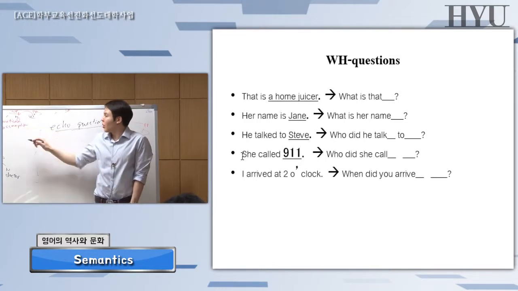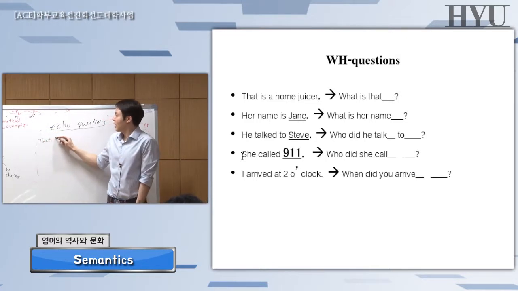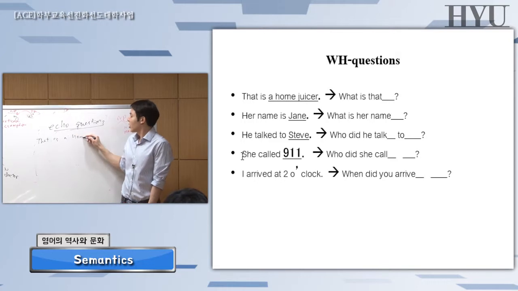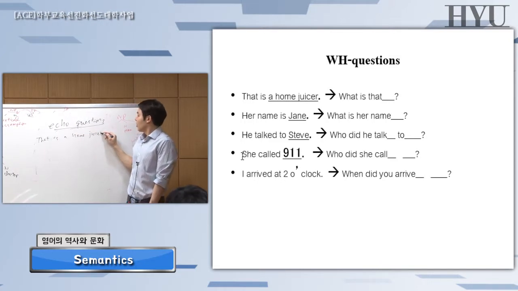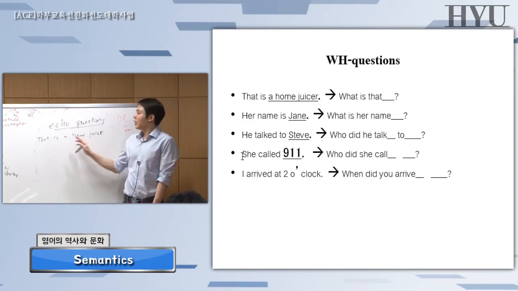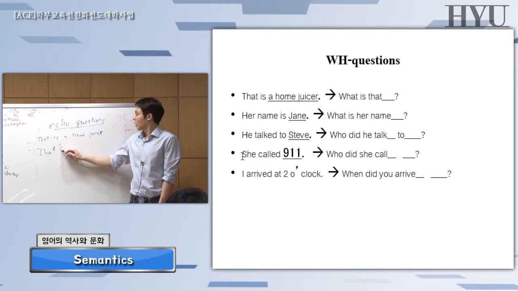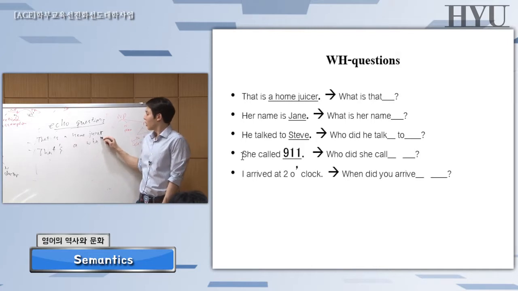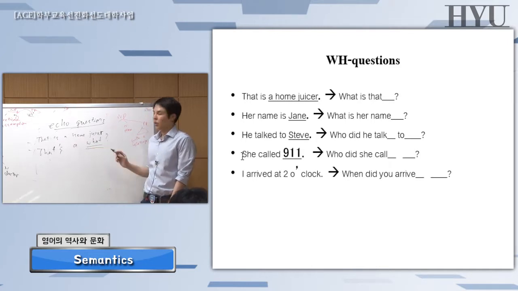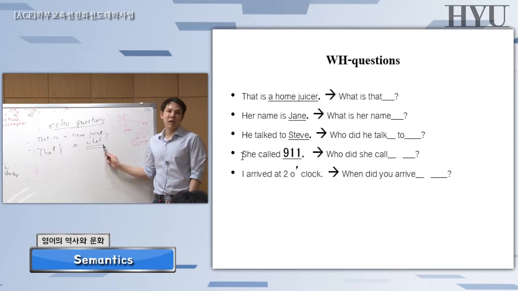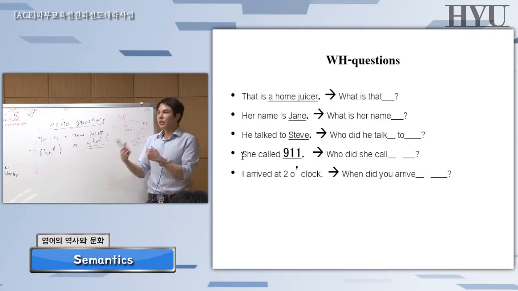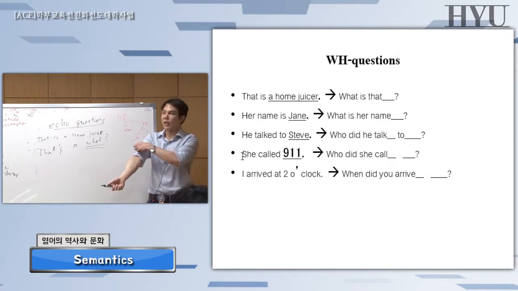So "This is a home juicer," right? Or "That is a home juicer." If you didn't hear this sentence well, you could ask, "That's a what?" So this is what we call an echo question: a question to confirm what you didn't hear so clearly.